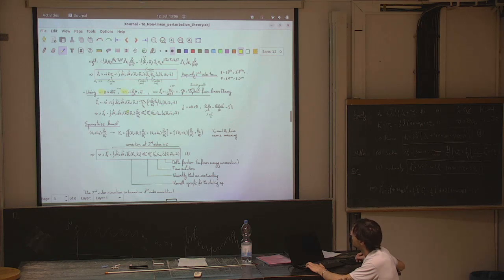So you have a kernel, you have the quantity that you want to characterize, and you have the growth factors that characterize their time evolution. And then you have the delta function, which is coming from the previous expressions.